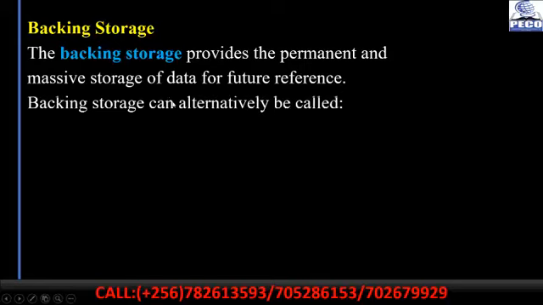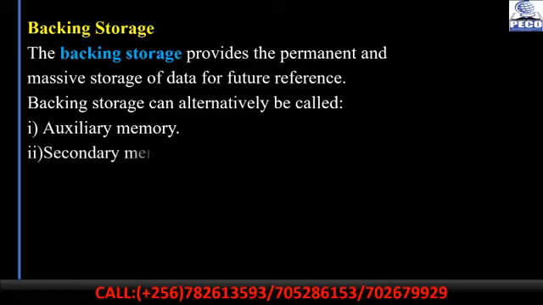So backing storage can alternatively be called auxiliary memory. At times these backing storages are known as auxiliary memory. They are also known as secondary memory. They are also known as external memory.